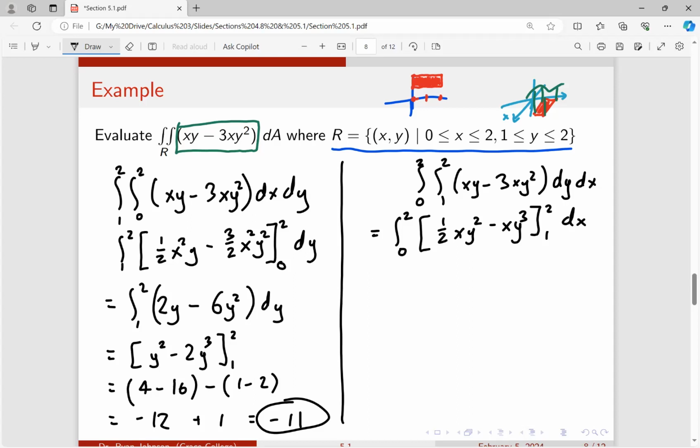Well, now plugging in the 1 and the 2, I plug in the 2 for y, get 1/2 times 4, which is 2x, and then minus 8x, and then minus, when I plug in for 1, I get 1/2 x.